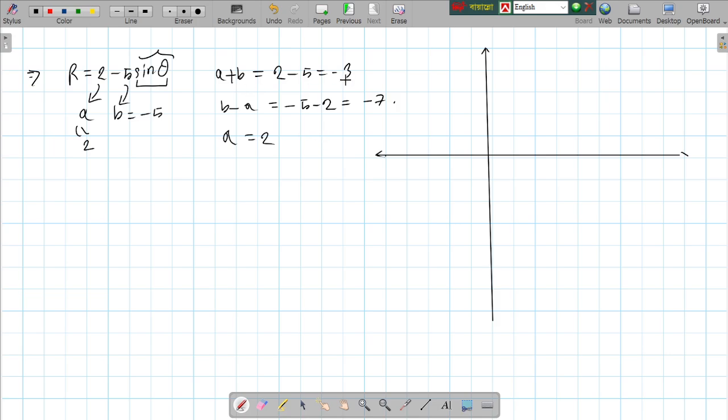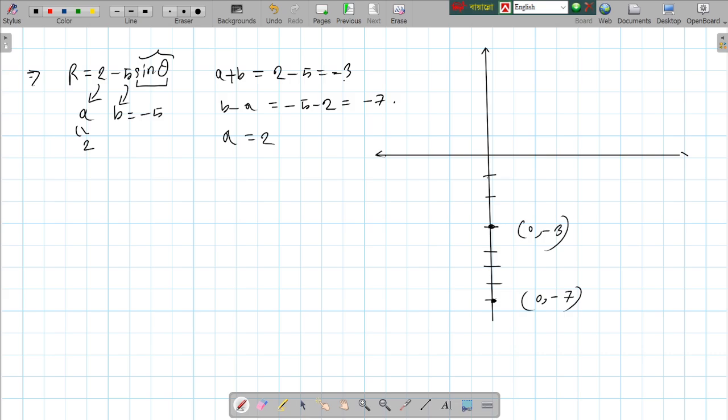As it's a sin function, the graph lies on the y-axis. So we need to trace these positions, minus 3 and minus 7: 1 2 3, minus 3, the 0, minus 3 position, and minus 7: 4 5 6 7, this is the 0, minus 7 position.